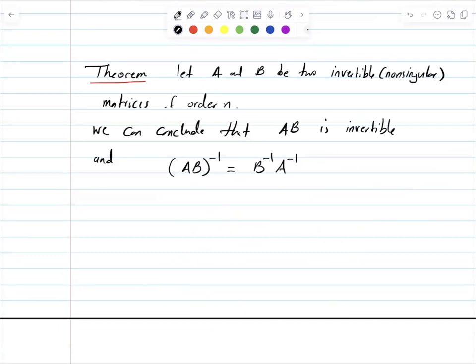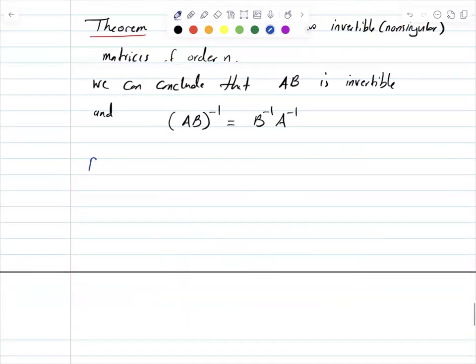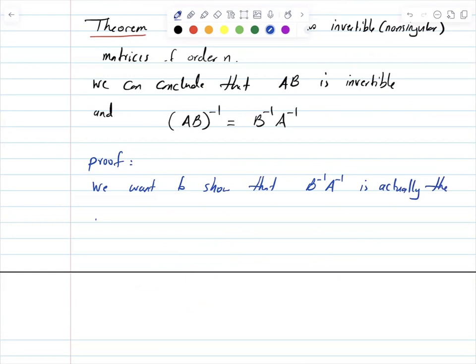The proof is very easy. To prove this statement, we want to show that the inverse of B times the inverse of A is actually the inverse of matrix A times B. But how are we going to do that?